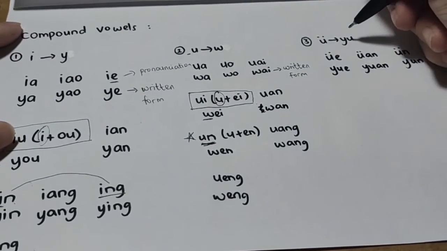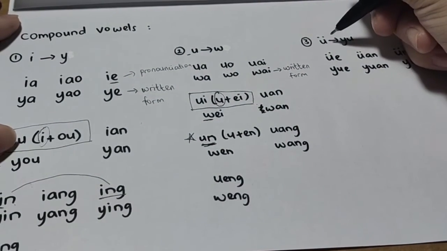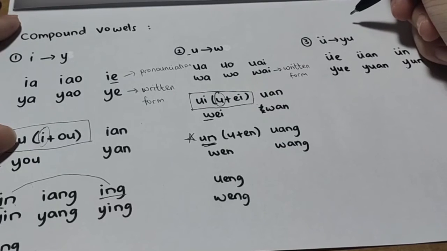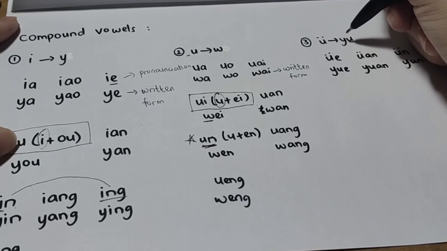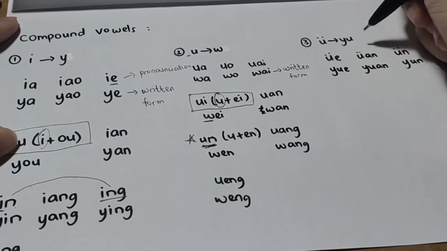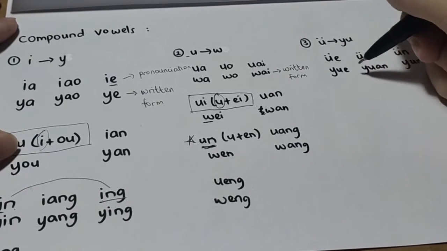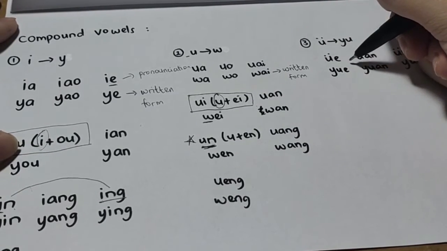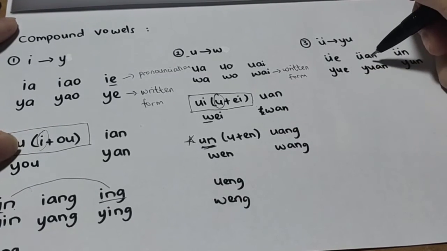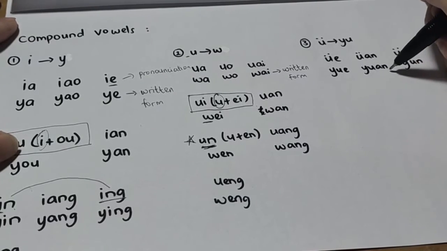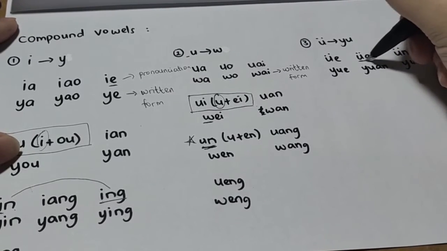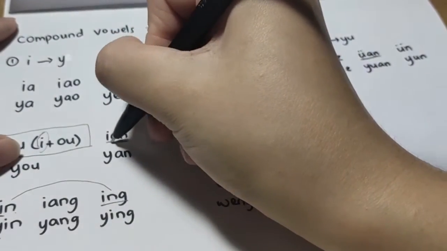Okay, the third part. So when there is no consonant in front of U, we change it into Y, U. So, Yue, Yuan. See this part? It's almost the same with this one.